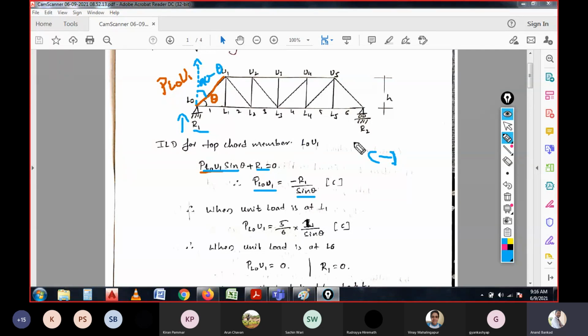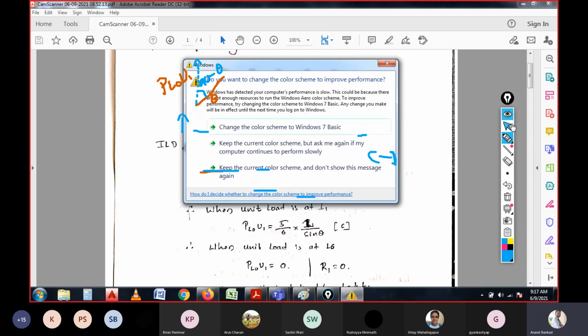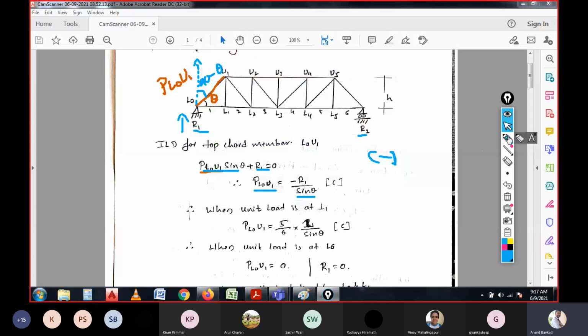The reaction force can be calculated by referring to the load values and the span distances, and sin theta will have the angle, right? So P L0 U1 has the compression force with the R1 by sin theta value, right?